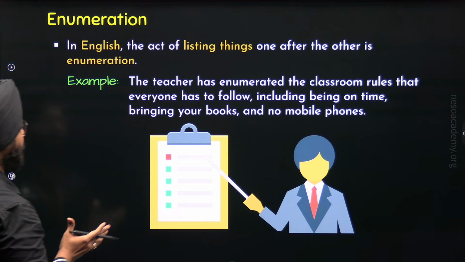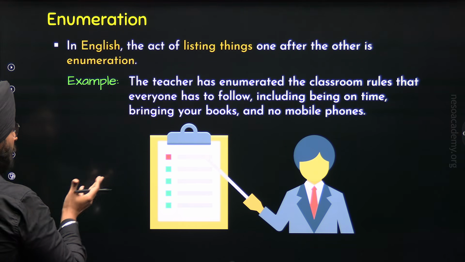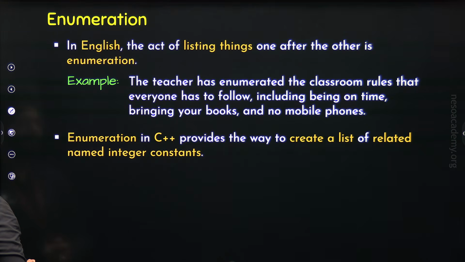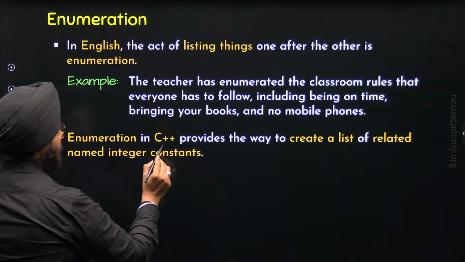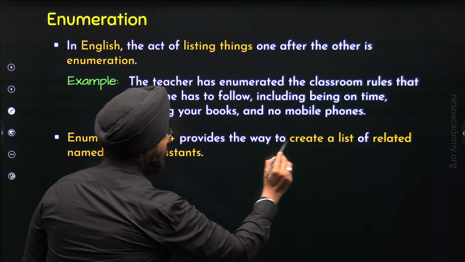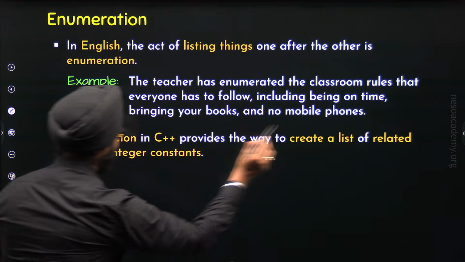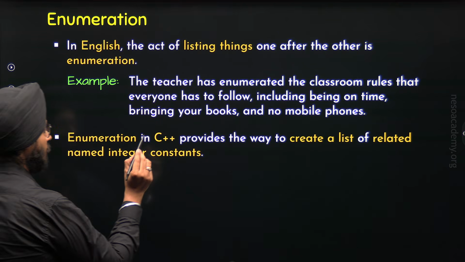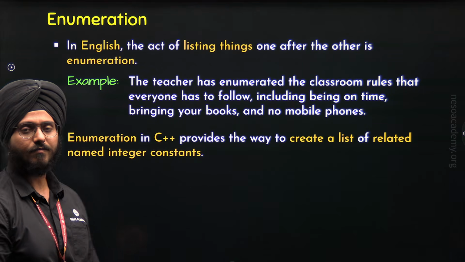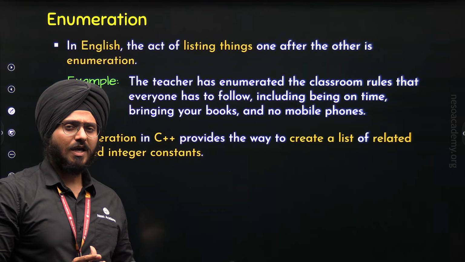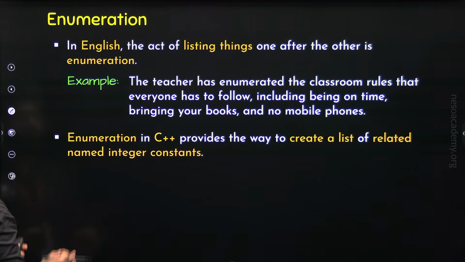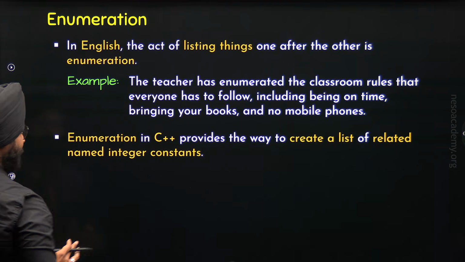Let's now understand the more technical meaning of enumeration in C++. Enumeration in C++ provides the way to create a list of related named integer constants. Enumeration in C++ is much related to the enumeration in English.